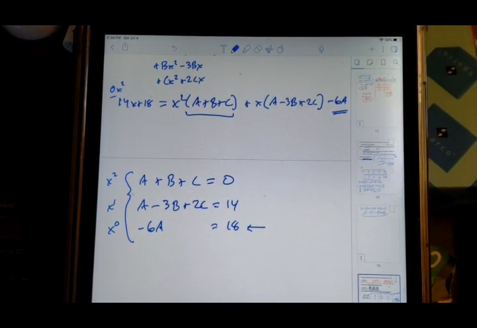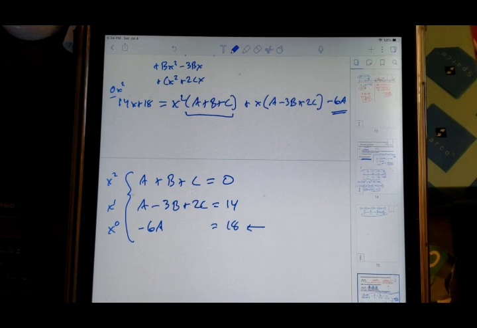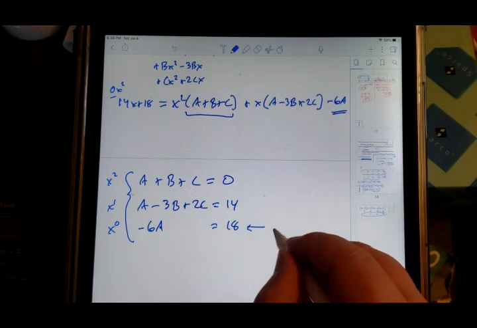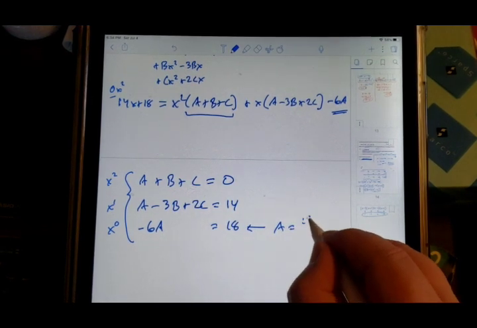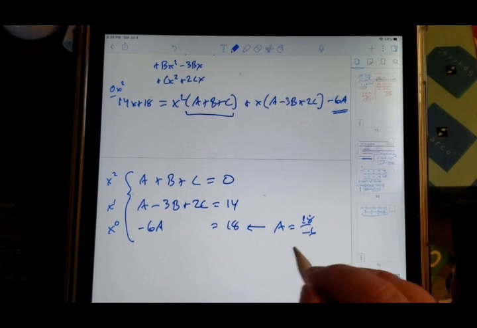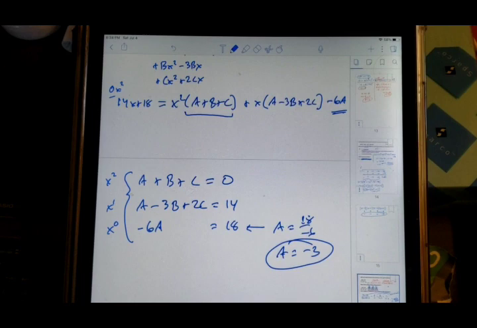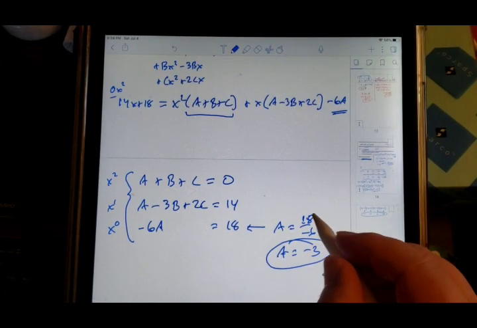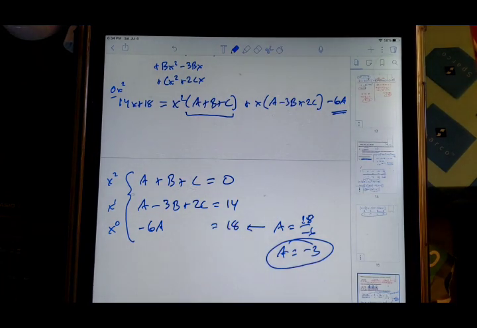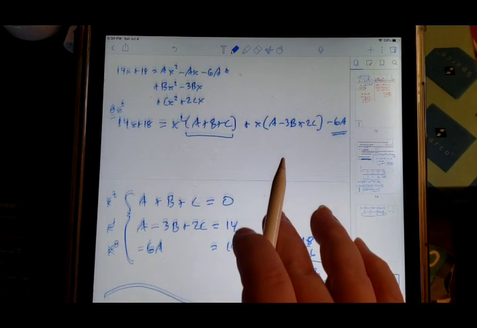So I could start using the forbidden values, but don't really need to. I can just go ahead and solve this, divide both sides by -6, and I get a is equal to -3. So that just kind of fell in our lap, but we found that.